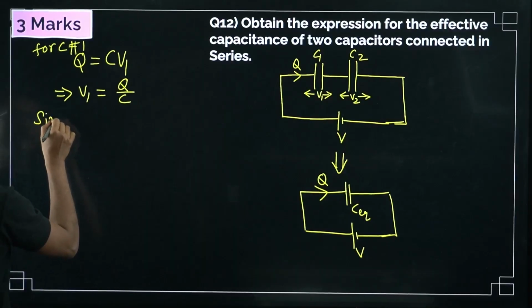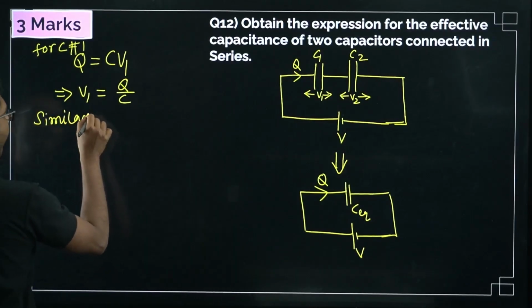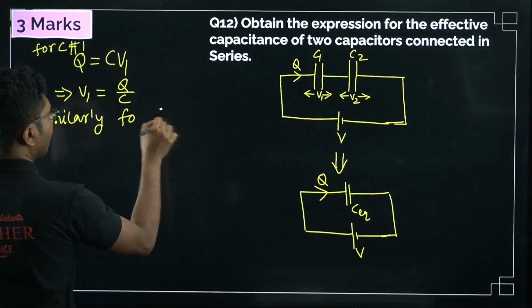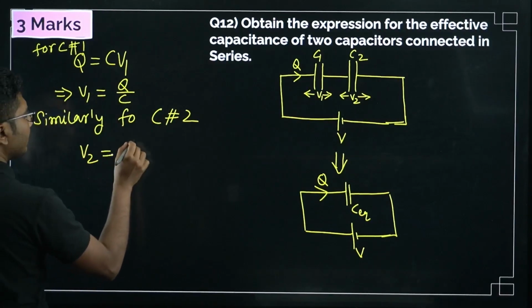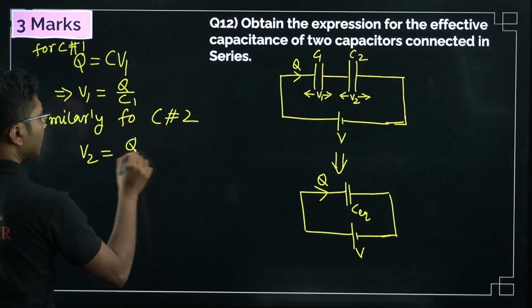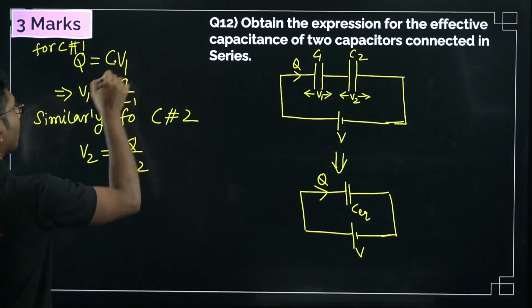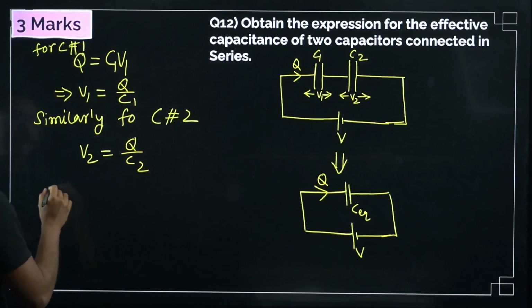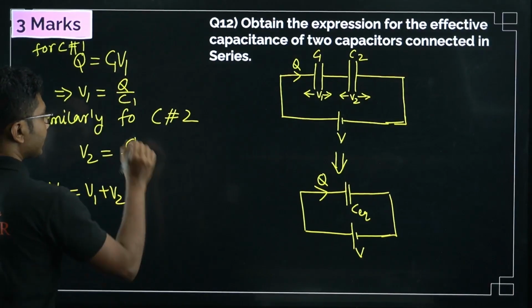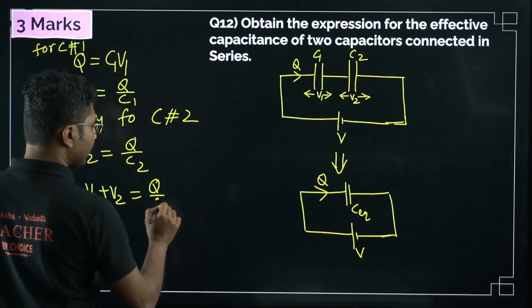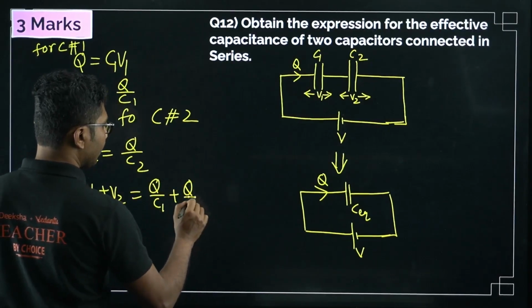Similarly, for capacitor 2, we can write V2 equals Q by C2. So what is the total voltage? Total voltage is V1 plus V2. So just add them: Q by C1 plus Q by C2.